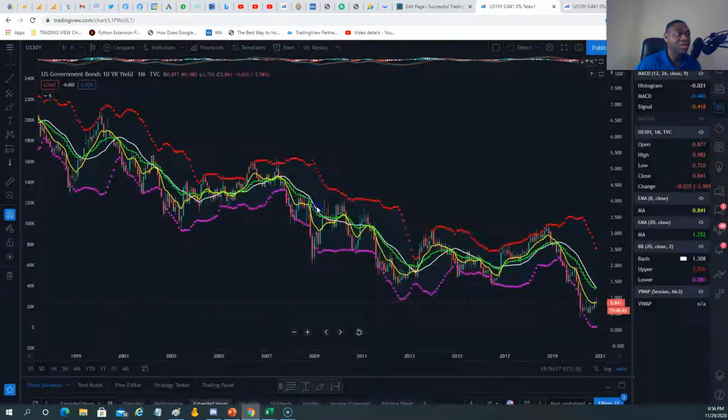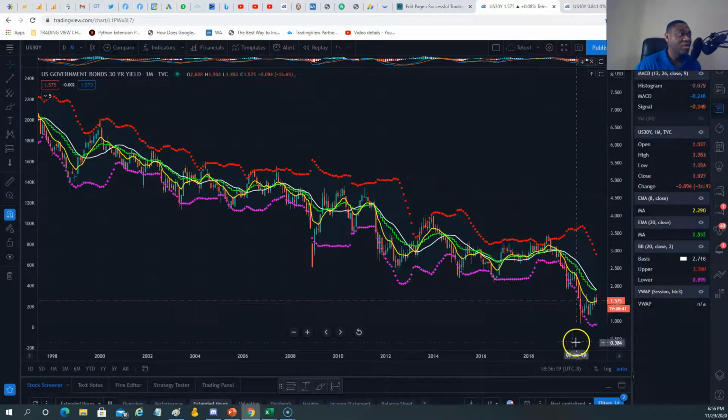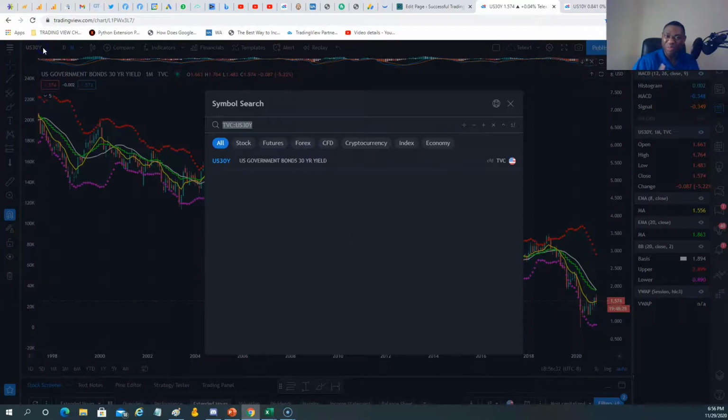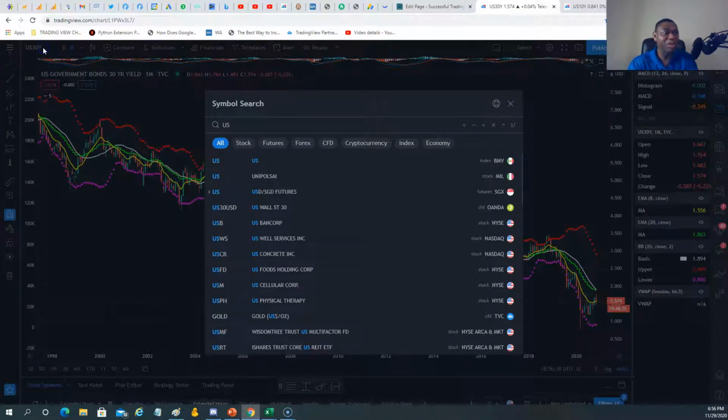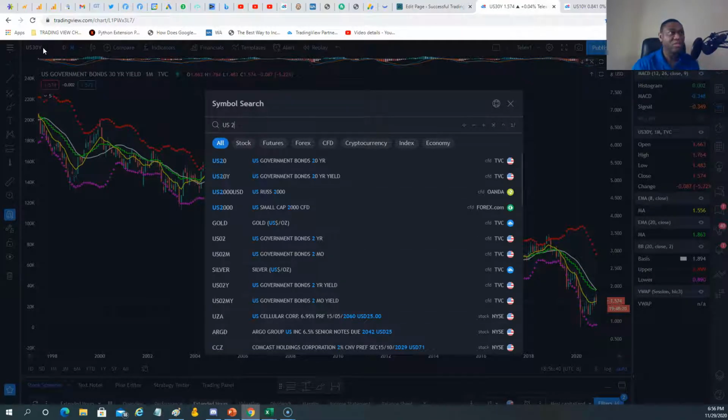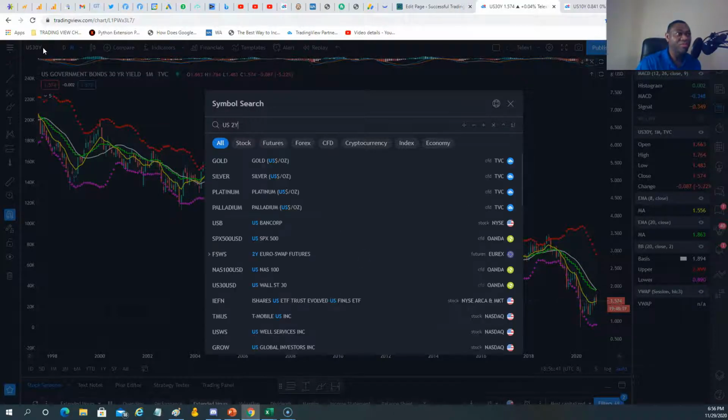This is it here. 1.57% more precisely. And to confirm what we just mentioned, the longer the maturity, the higher the yield, meaning the longer you lend your money to somebody, the higher the return.